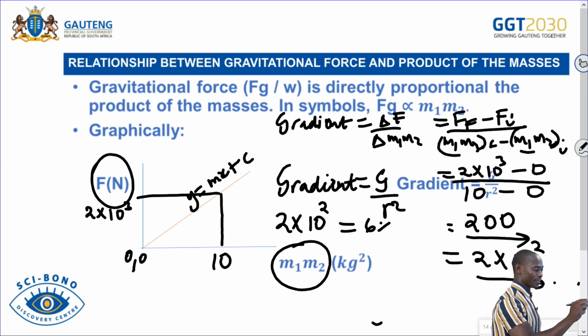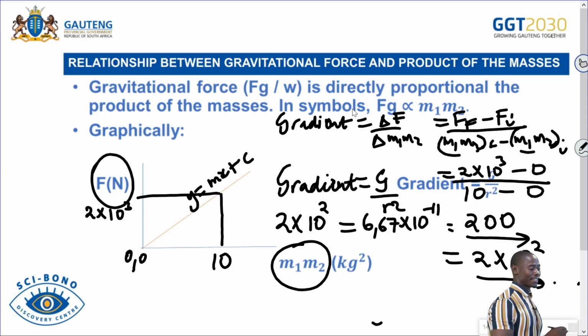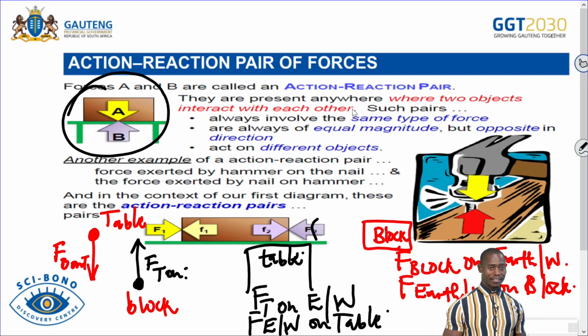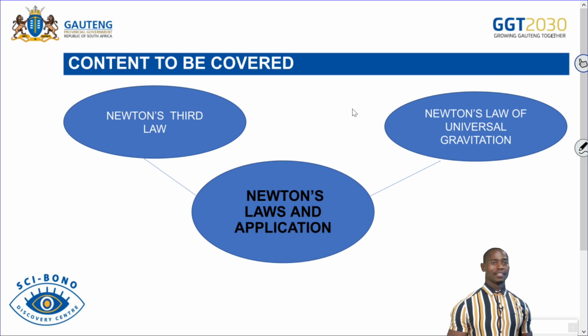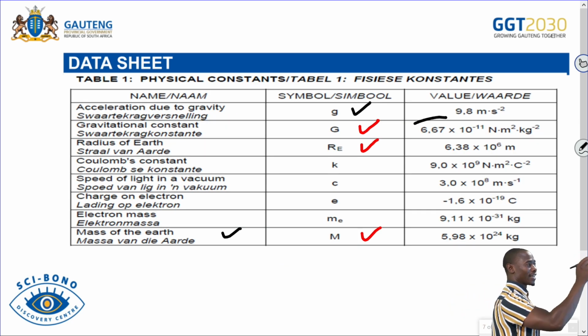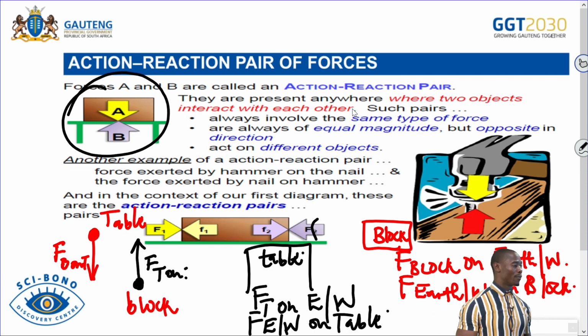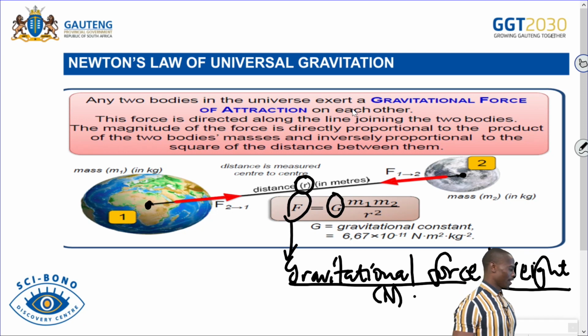G is 6.67 times 10 to the power negative 11. Where is this 6.67 times 10 to the power negative 11 coming from? It's a constant, the gravitational constant. So there's no need to memorize it.